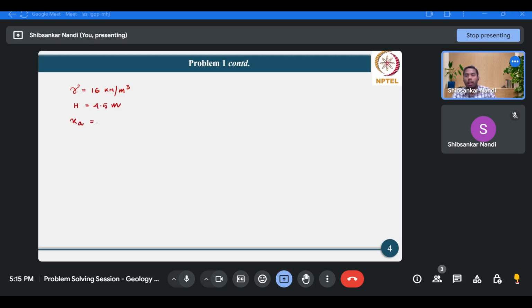This is the active earth pressure coefficient, based on Rankine's theory, and it's tan square.